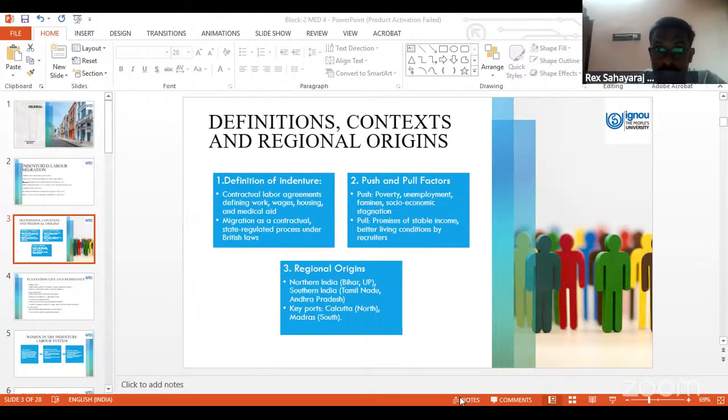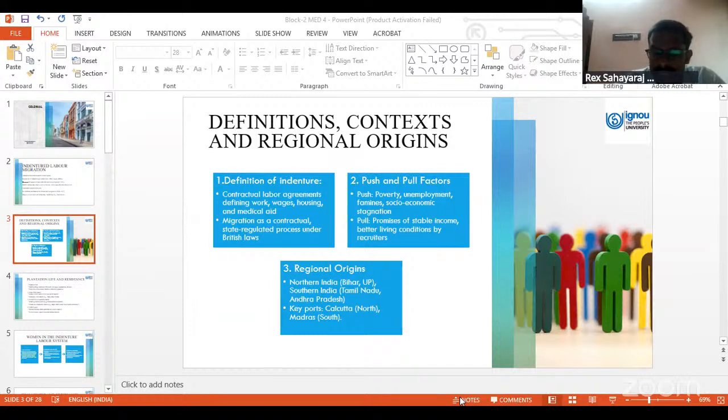We should understand that there is a contract bond, and it's manual labor. It is not like skilled labor, it's manual labor. So, an agreement signed by an individual to work for a prescribed period of time with an employer or planter in exchange for covering the cost of his or her passage.